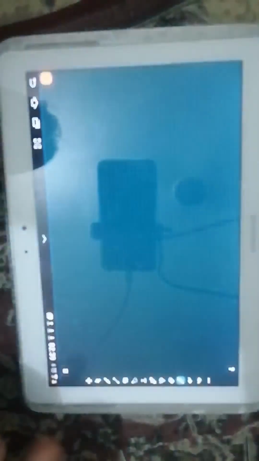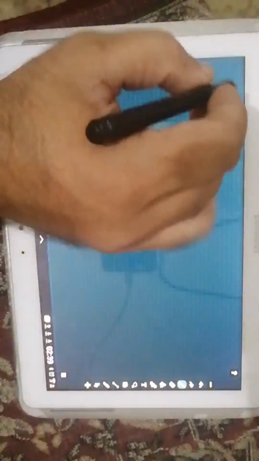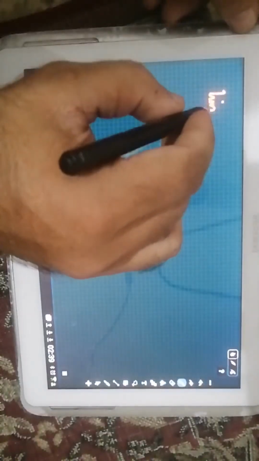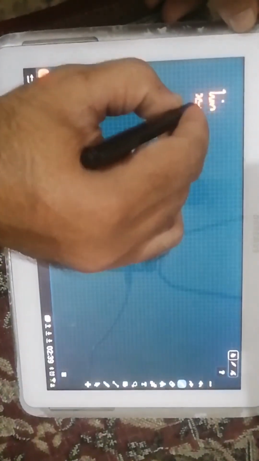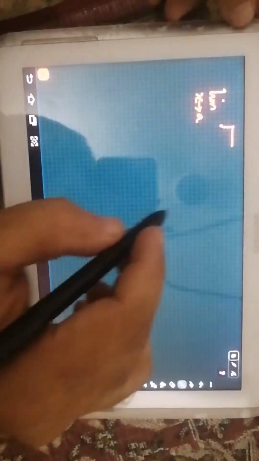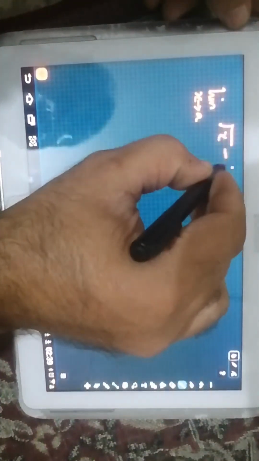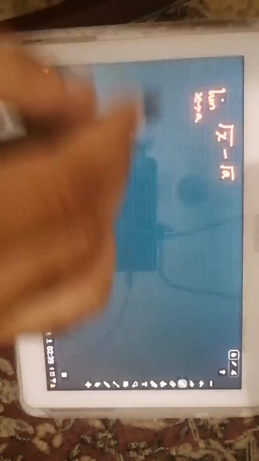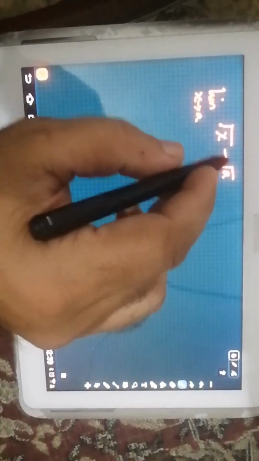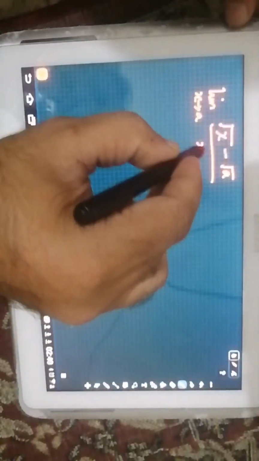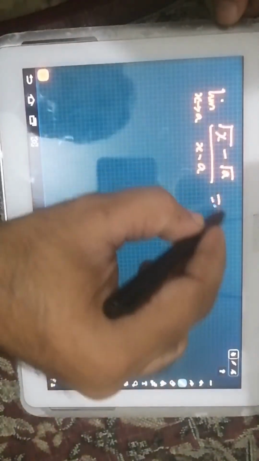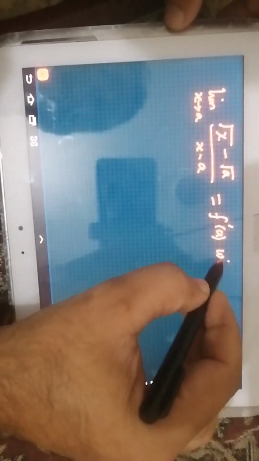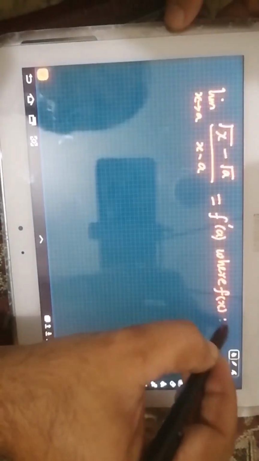Just going to begin solving a question which is: limit as x approaches a of (square root x minus square root a) by (x minus a) is equal to f prime of a, where f of x is what?